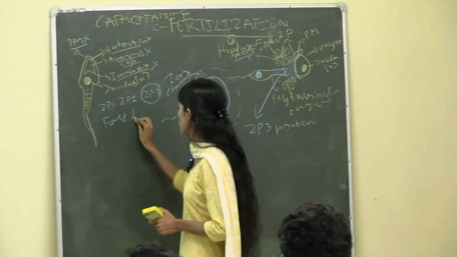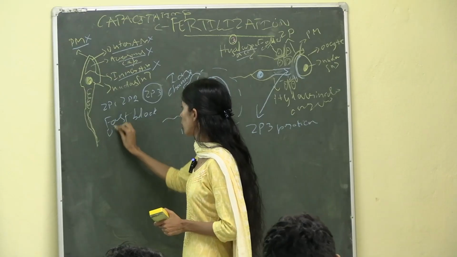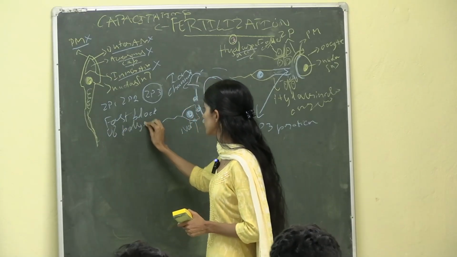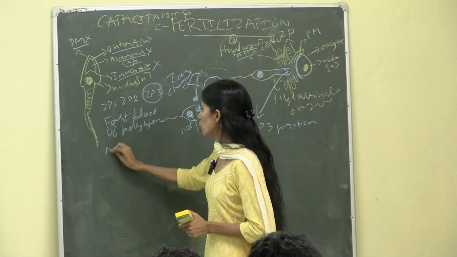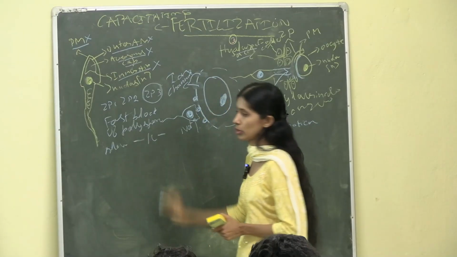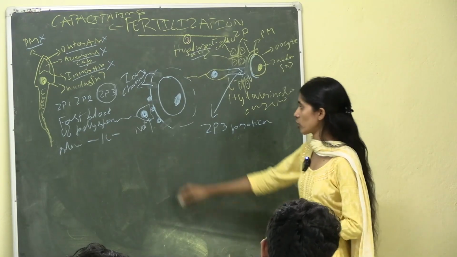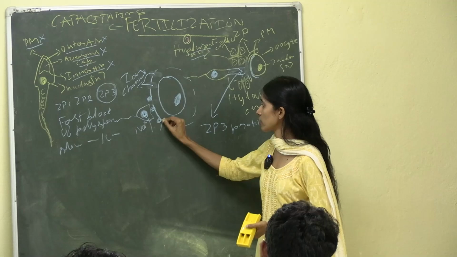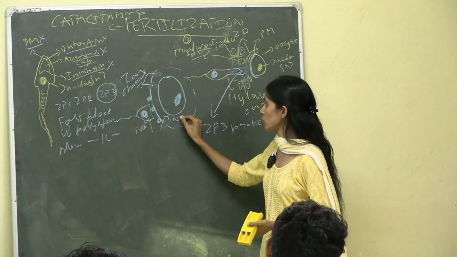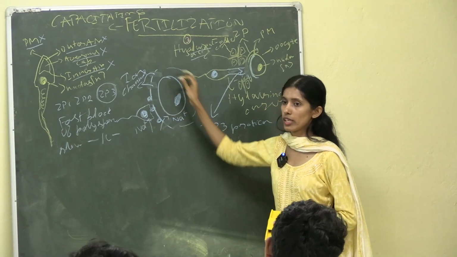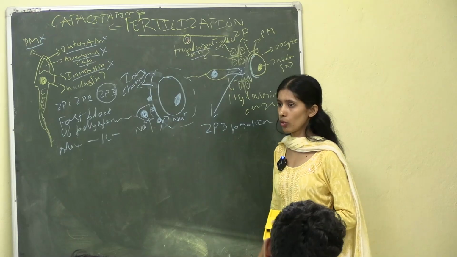Fast block of polyspermy, slow block of polyspermy. Once the formation of ion channels takes place, the Na plus ions will also enter into the cytoplasm of the female gamete, okay.